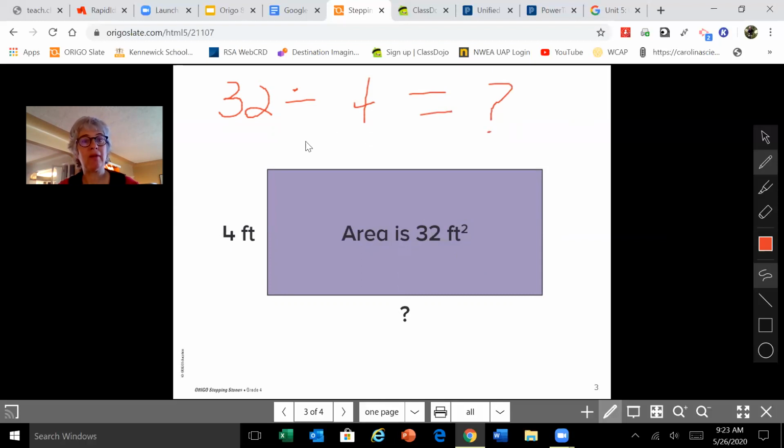Or we could think about it this way. 4 times what equals 32? Well, I know that 4 times 8 equals 32. Therefore, 32 divided by 4 equals 8. So our mystery side is 8. Hopefully this is beginning to make sense.